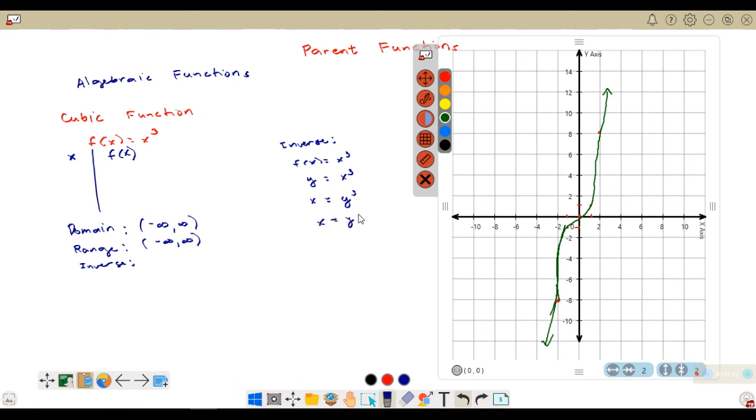X is equal to y cubed. You have to extract the cube root. We have cube root of x is equal to the cube root of y cubed. So, the cube root of x is equal to y, or the inverse function of a cubic function is the cube root of x.